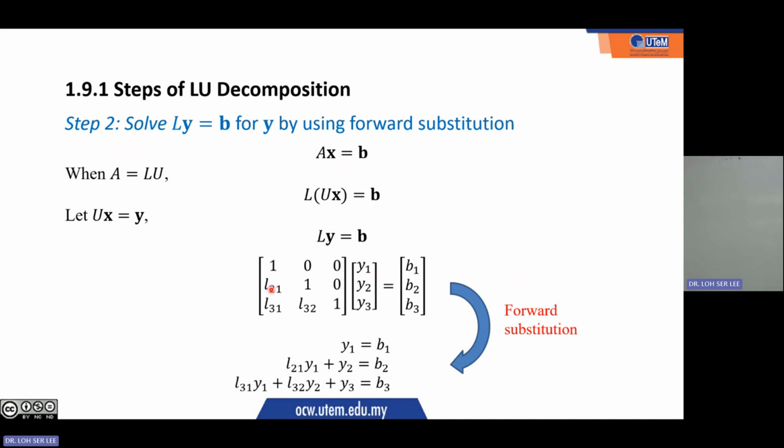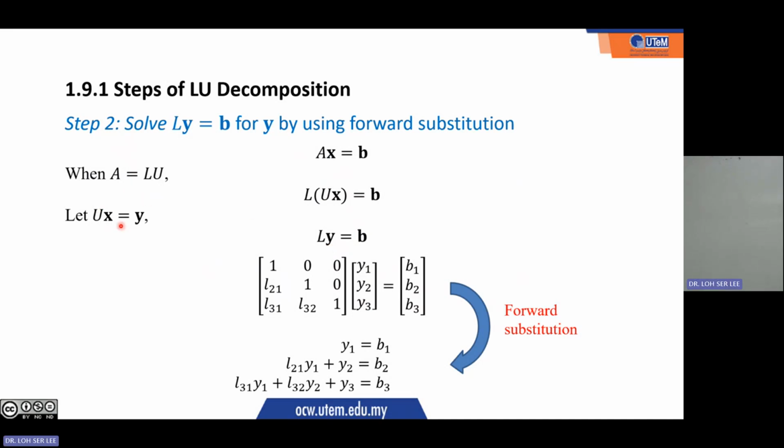Since you know your Y1, you can solve for your Y2. Then from the last row, you solve for your Y3. Since we start from the first row, this is called forward substitution. Then we will get the values of Y1, Y2, Y3.